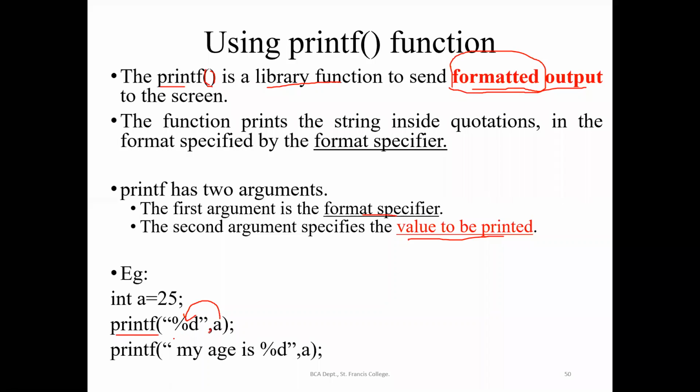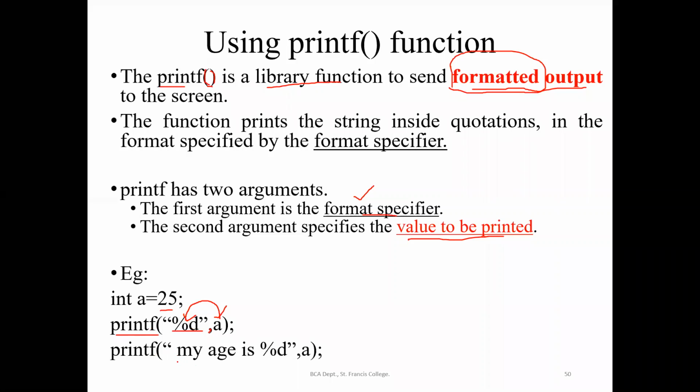The first argument should be our format specifier, and the second argument should be the variable whose value has to be printed. If you just give %d, A, it will print the value of A in place of %d, which is nothing but 25. As we mentioned, %d will print the integer value.